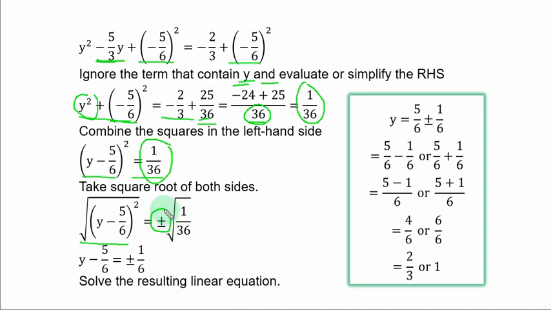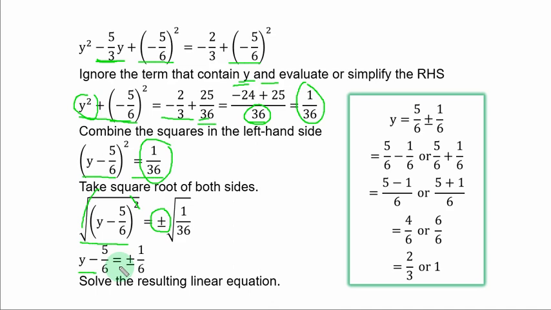Square root of 1 over 36. From here, the square root will remove the square. You are left with y minus 5 over 6 equal to plus minus. Square root of 1 is 1 and that of 36 is 6.